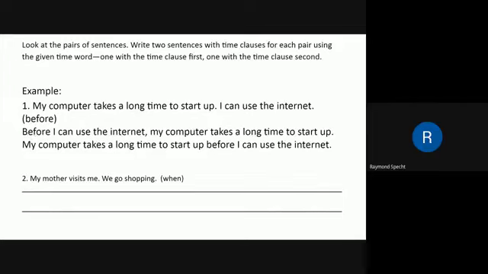Before I can use the internet, my computer takes a long time to start up. Don't forget your full stops at the end of the sentences. My computer takes a long time to start up before I can use the internet, full stop. No comma, because the time clause comes second here. And there's our time word.